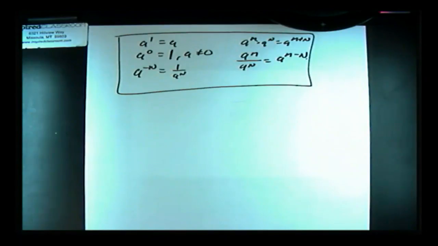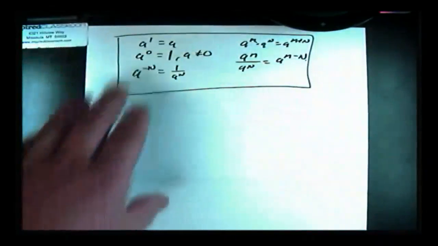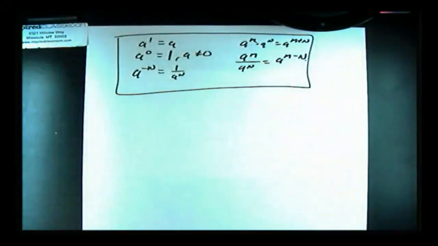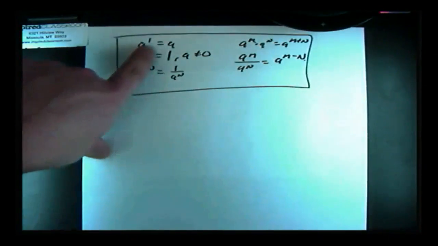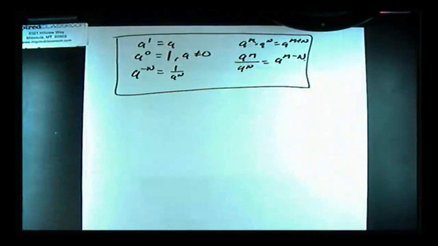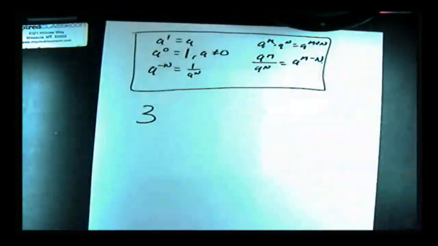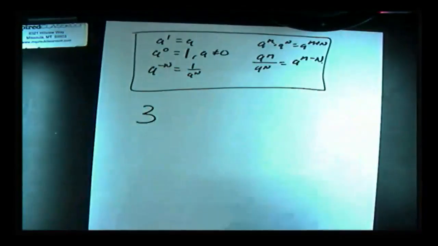Perfect. So I wrote down some of the rules that you just saw. I've got a to the 1, so any number to the first power, and all numbers are to a power, right? 1 is an implied power. So if I have any number, for example the number 3, it can be represented as 3.0.